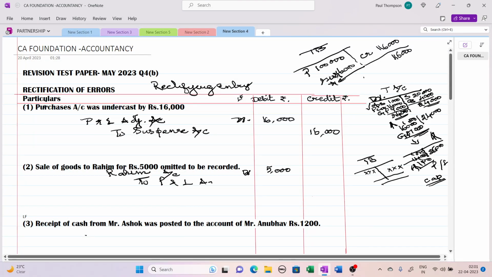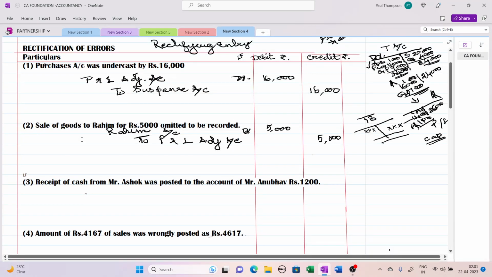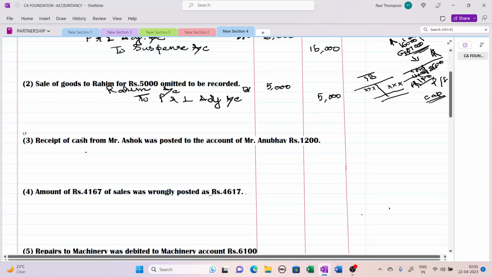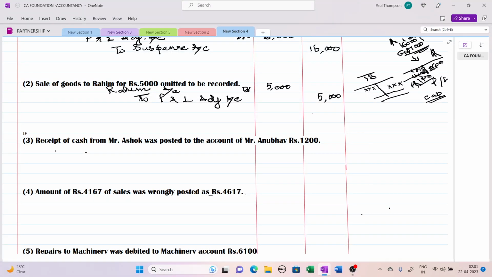Now what happened? My sales has increased by 5,000. If the credit side is increasing, my profit will go up by 5,000. Ultimately, this has to be credited to my capital account. Clear? Now you write the narration as sales of goods to Rahim, 5,000 rupees omitted to be recorded, now being rectified.